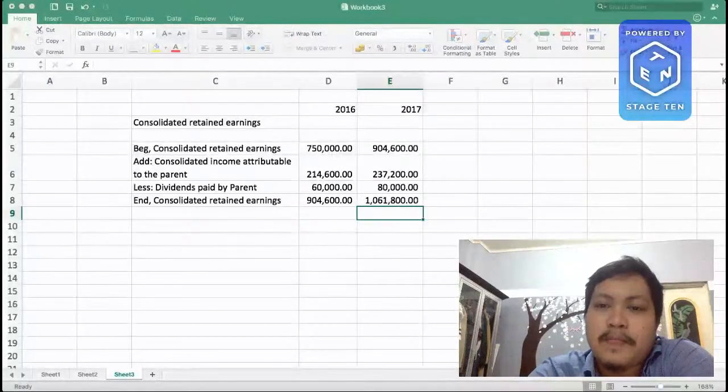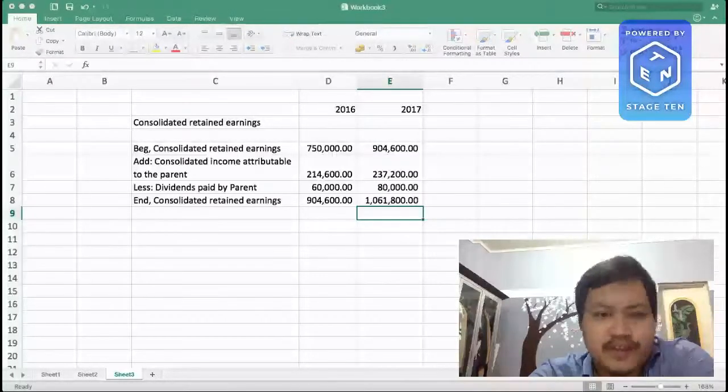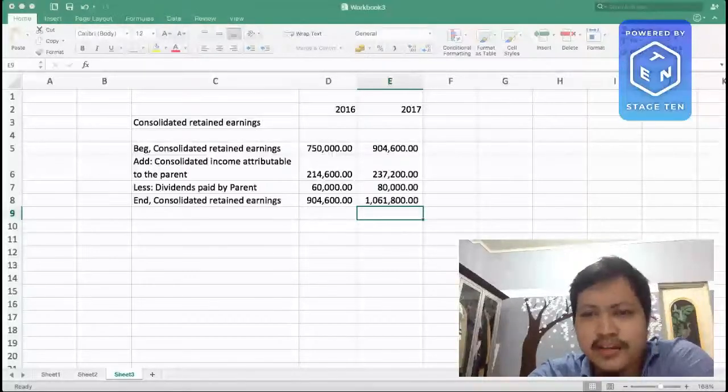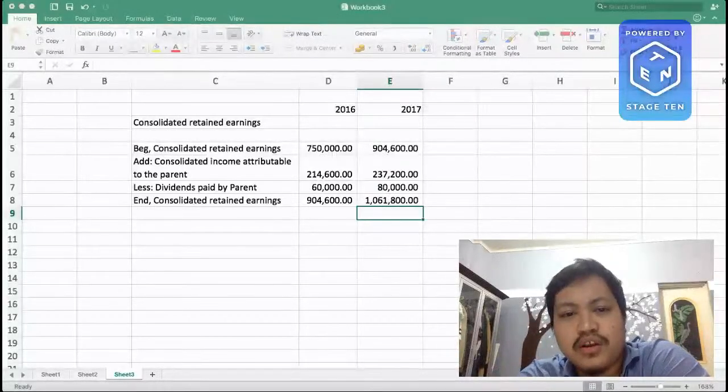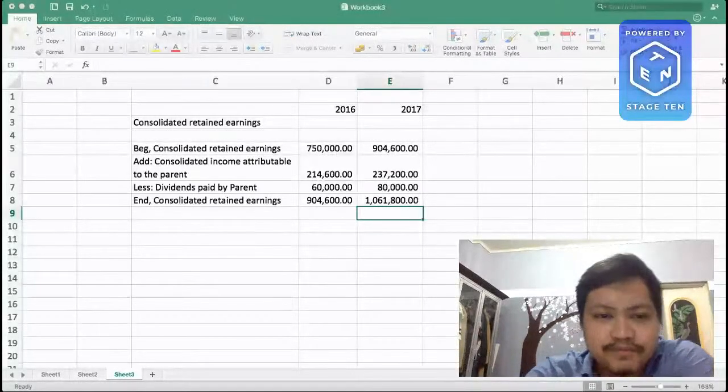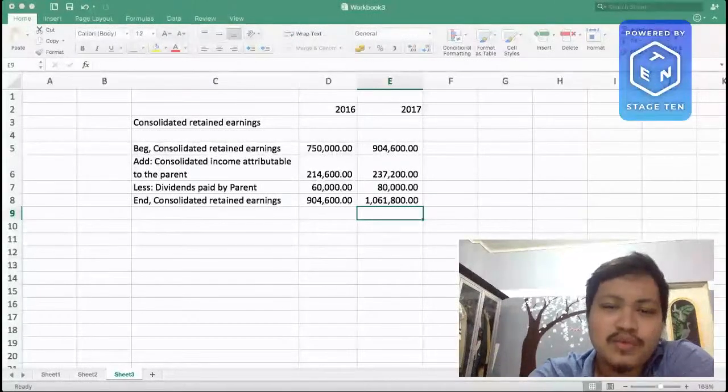Okay. Now, if you'll recall our formula, class, our table in computing for goodwill, the first row is for the consideration, the second row is for the net assets, but remember, it is at fair value. The third row is for your goodwill or gain on acquisition. The second paragraph will now tell us how much then was the book value of the net assets, class.